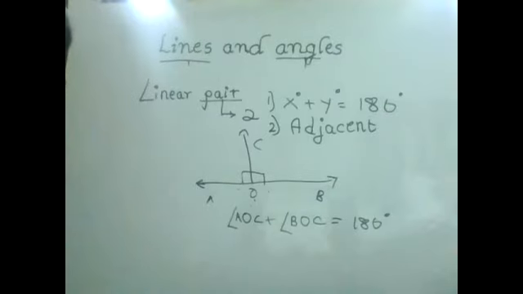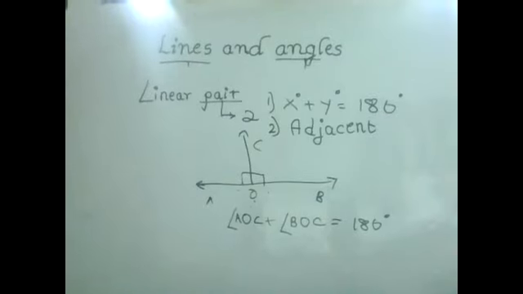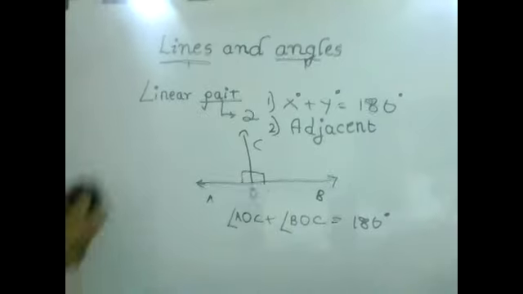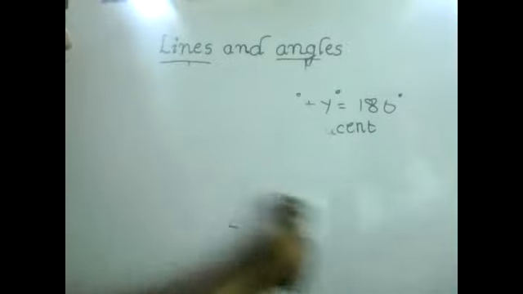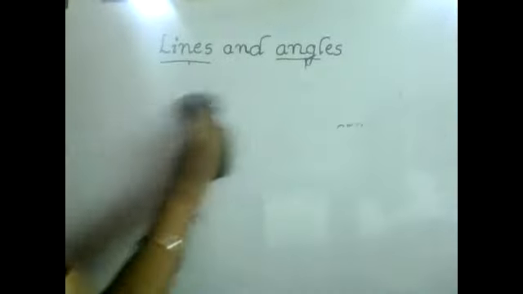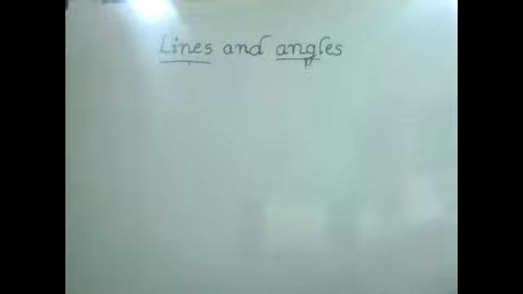And next, we can take the next part, vertically opposite angles. First we'll see what are intersecting lines, and then what are vertically opposite angles and the conditions in vertically opposite angles. So what are vertically opposite angles?